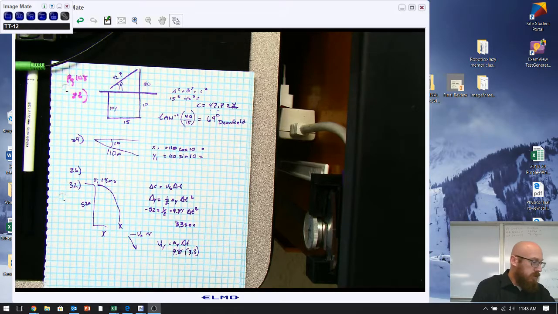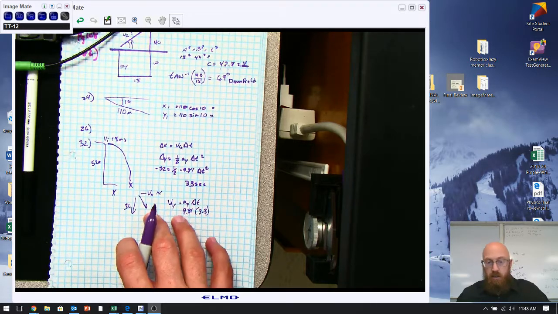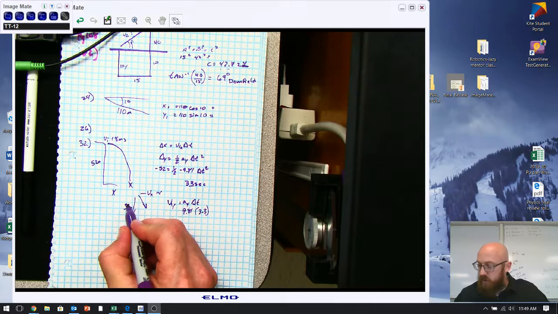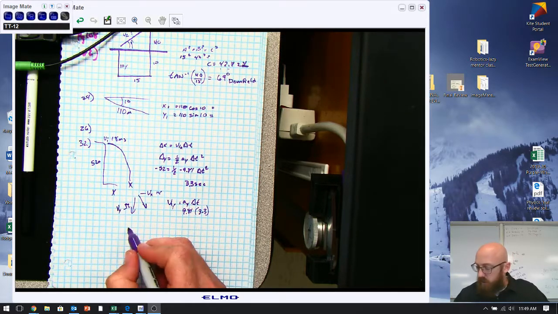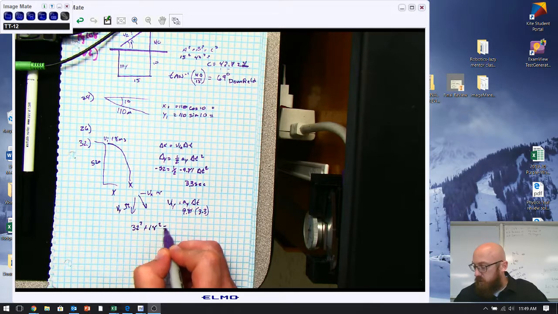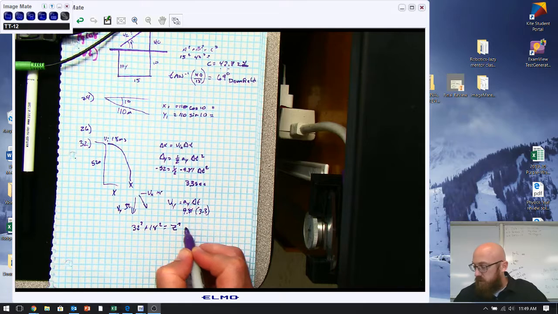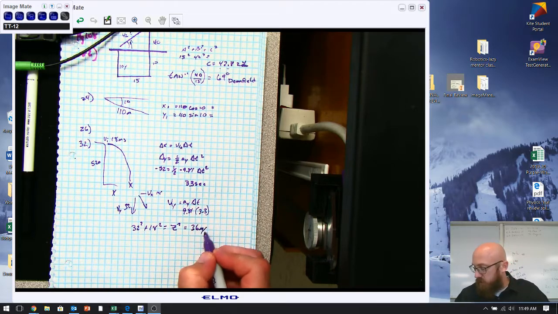Do the math, should come up with 32-ish meters per second. And again, 32 is in the y direction, velocity in the y direction. So now you take 32 squared plus 18 squared equals z squared. And if you do the math, you should get about 36 meters per second.